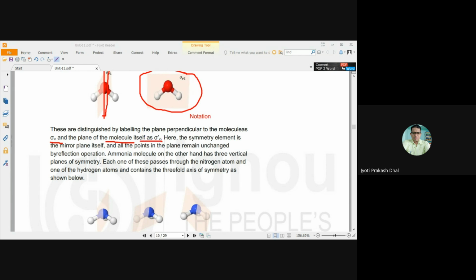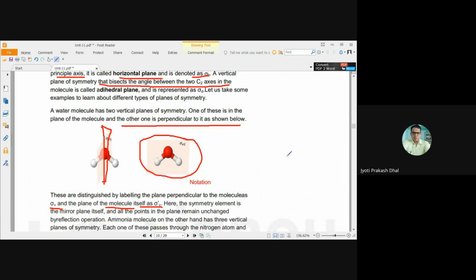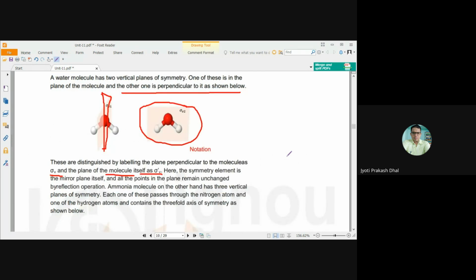So for the water molecule, two vertical planes of symmetry are there. The first is the plane of the molecule itself, and the second is the plane perpendicular to the plane of the molecule.